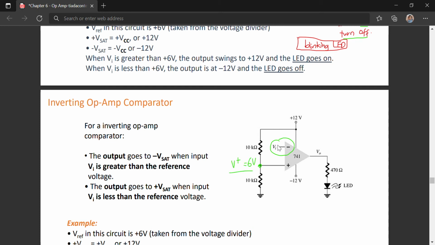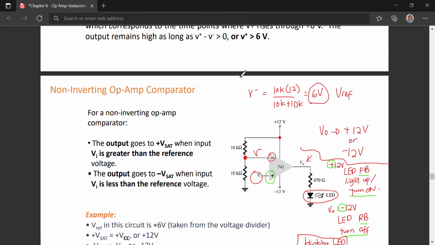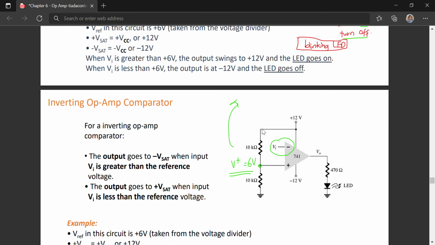How you get 6 volt is the same as the top example. Same as this, you can use a voltage divider. Therefore you will get V plus equal to 6 volt.